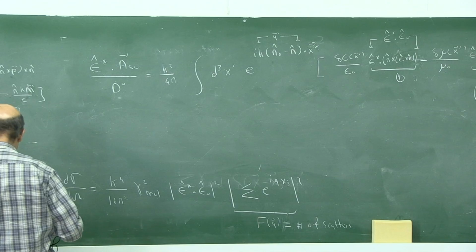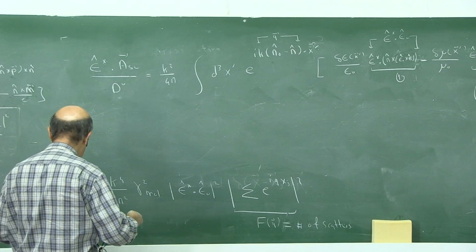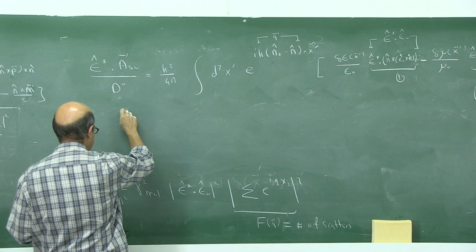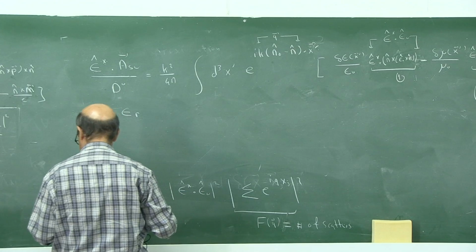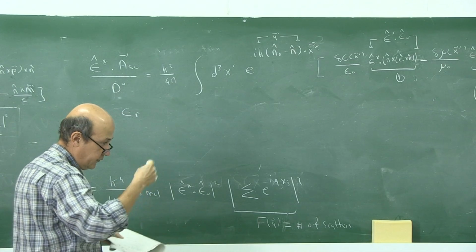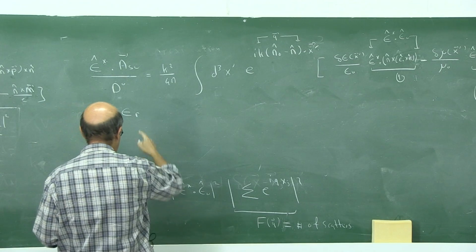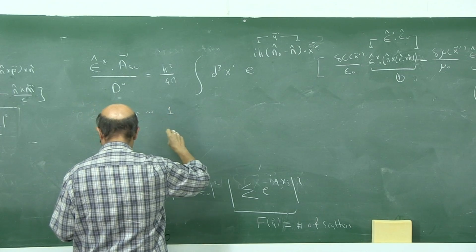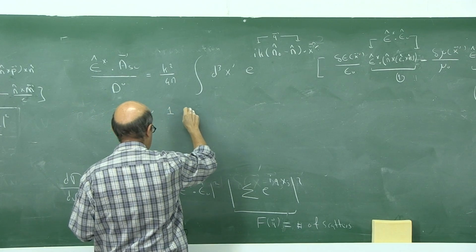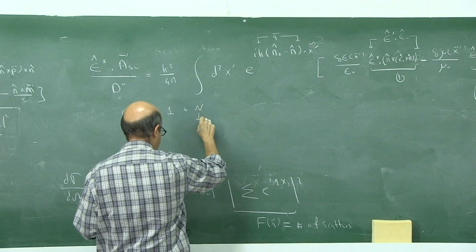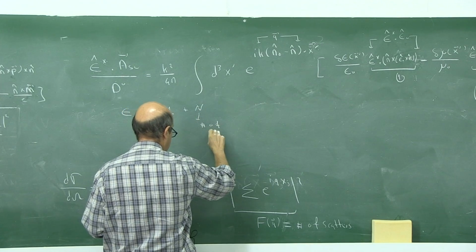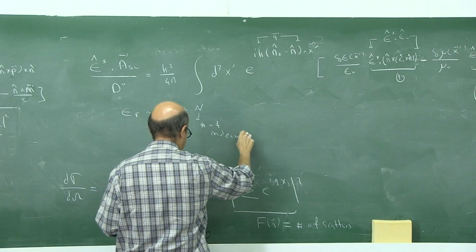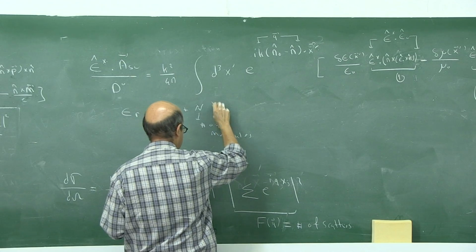So the next thing is the following. The dielectric constant, relative dielectric constant relative to the vacuum, epsilon over epsilon 0, is roughly 1 plus the number of molecules times the gamma.